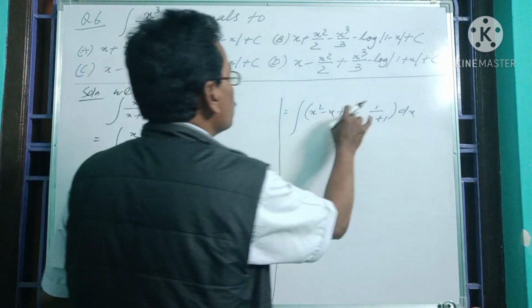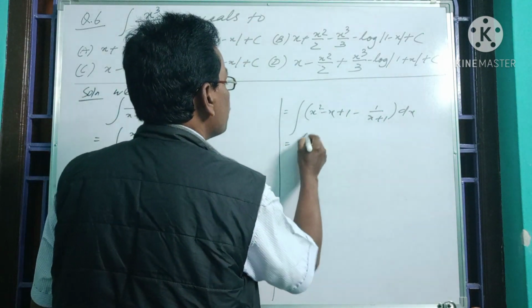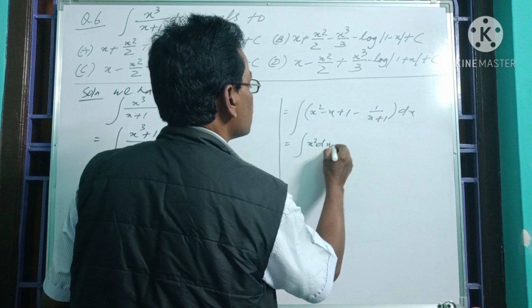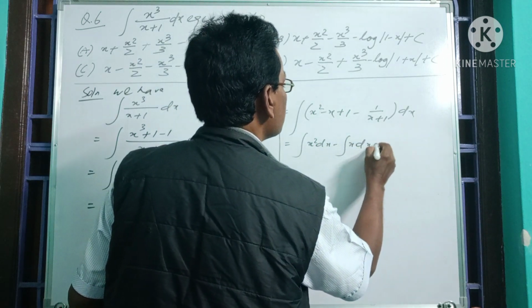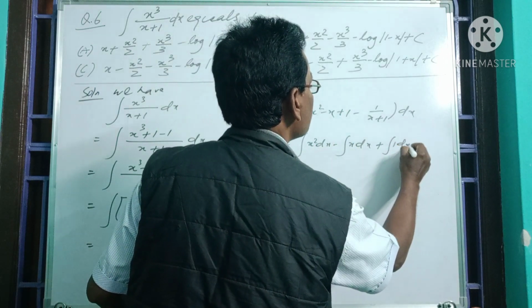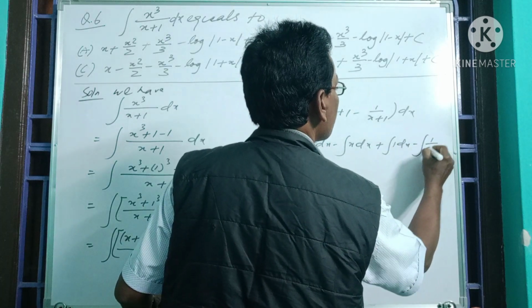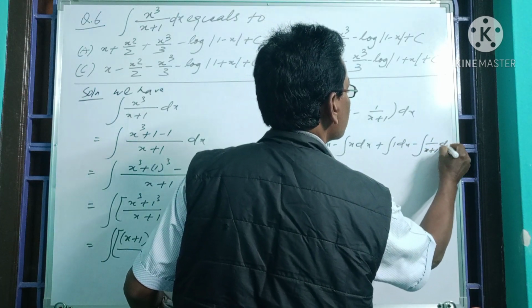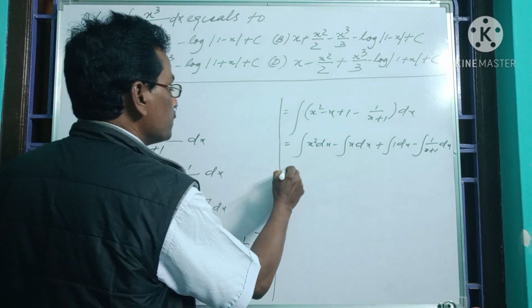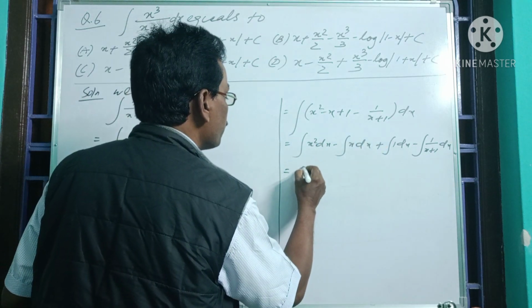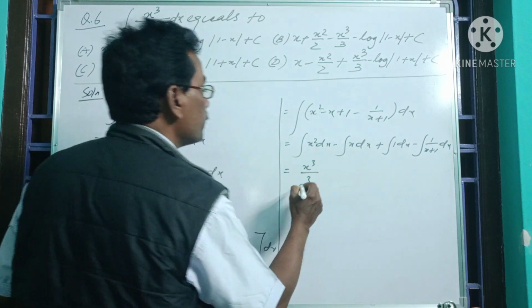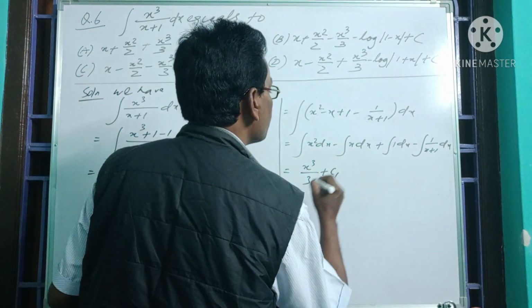Now using algebra of integrals we have integration of x square with respect to x, minus integration of x with respect to x, plus integration of 1 with respect to x, minus integration of 1 by x plus 1 with respect to x. Now all the integrands are integrable. Integrating, we have x cube by 3 plus c1 as constant of integration.